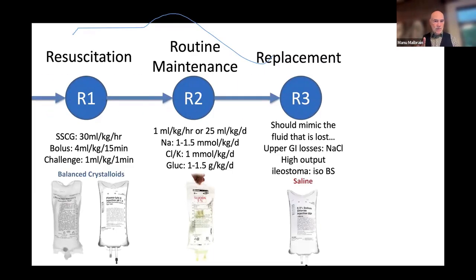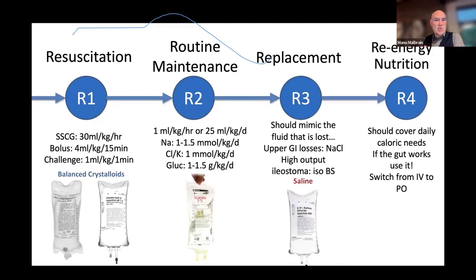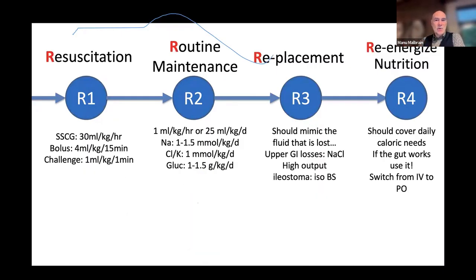Third indication is replacement, and here the fluid given should mimic the fluid that is lost. And this could be an indication to give saline if there is upper GI losses, or if you would have a high output ileostomy, then isotonic balanced solutions are the best choice. Now the fourth indication is for nutrition, to cover the daily caloric needs.